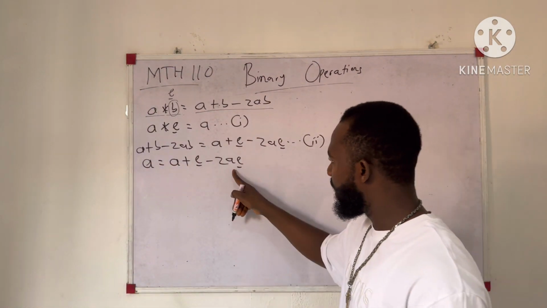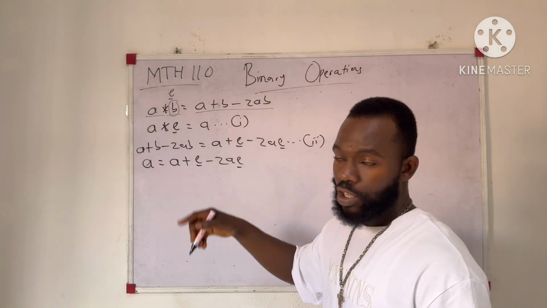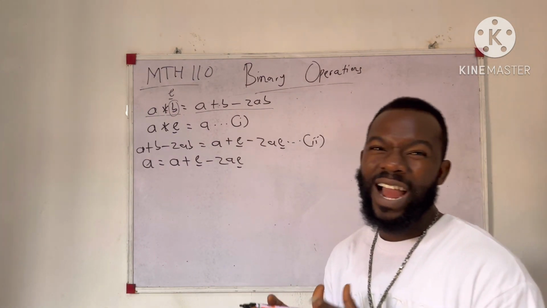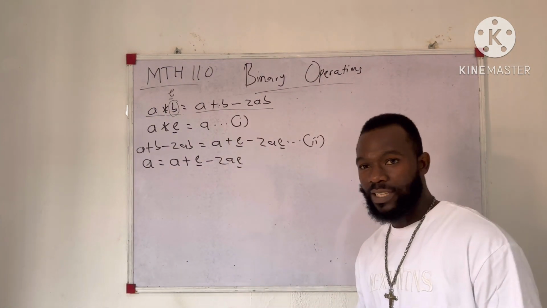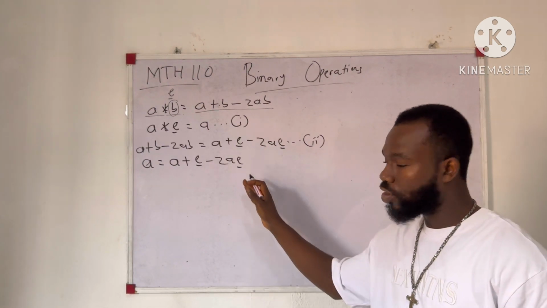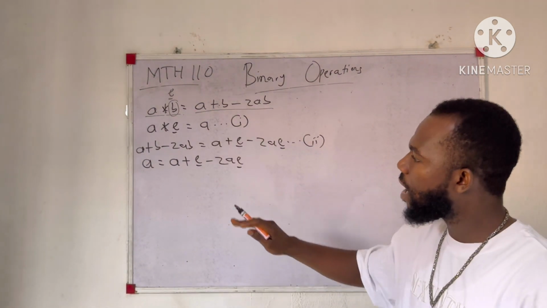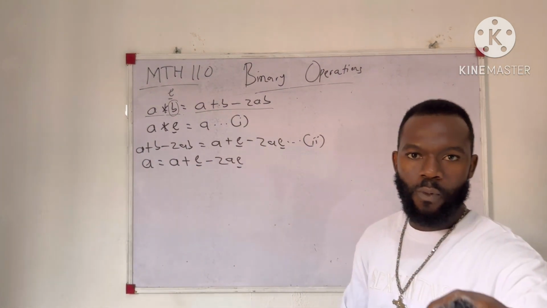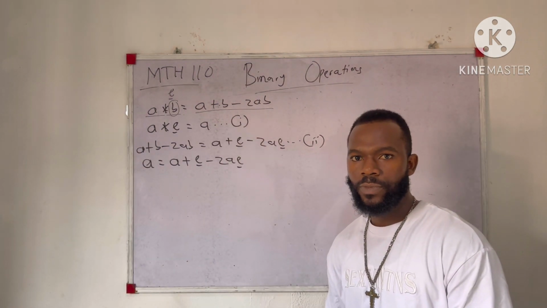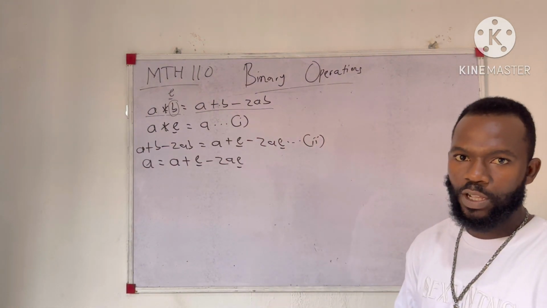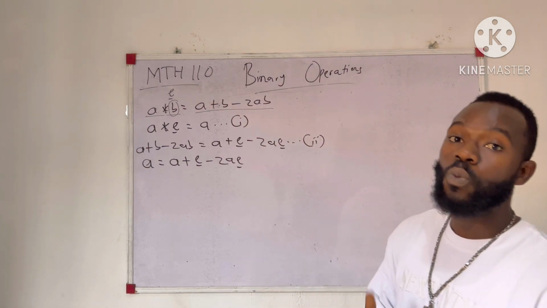One is here, and the other one is here, which was 2a. Because we are told to look for identity, we must make sure that we have one identity, not two. And the question is, how can we make two identities become one? It's by factorization, right? Because when you factorize what they have in common, two identities become one.